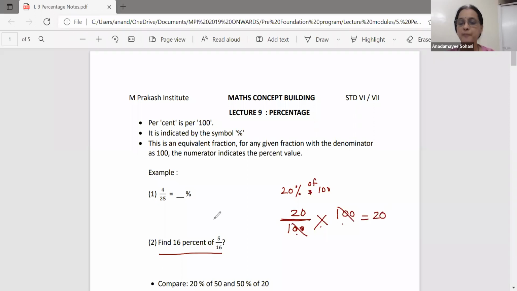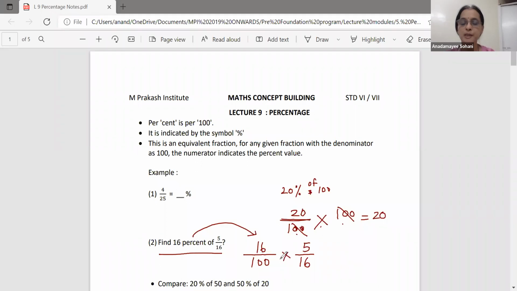So what is 16% of 5 by 16? This is how I will convert this verbal information into a mathematical expression, converting the word problem into numerical. 16% of 5 upon 16.